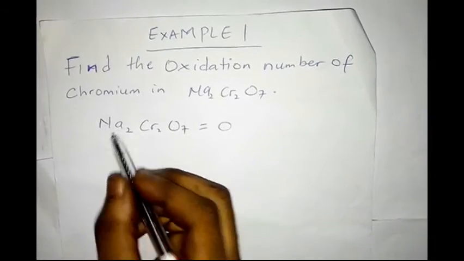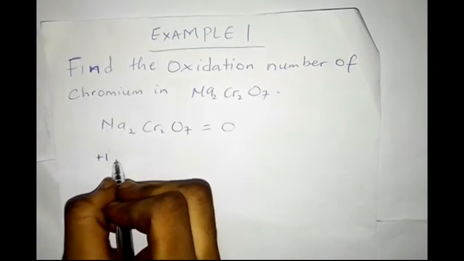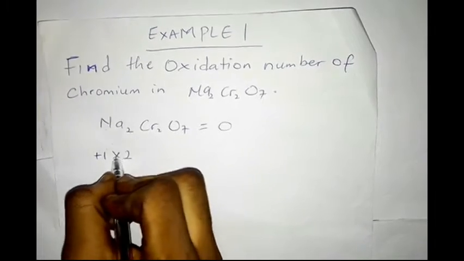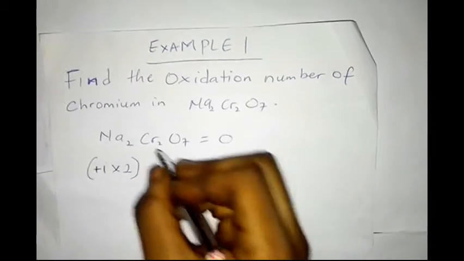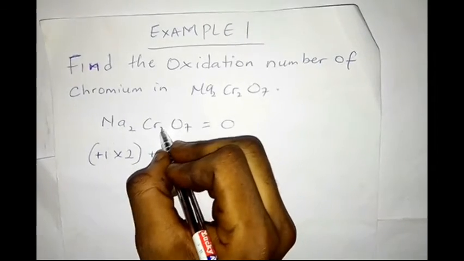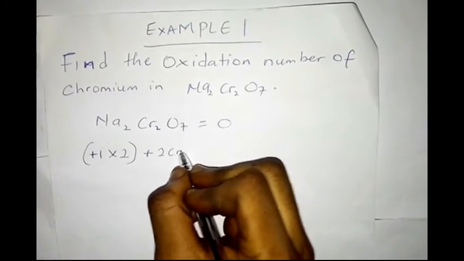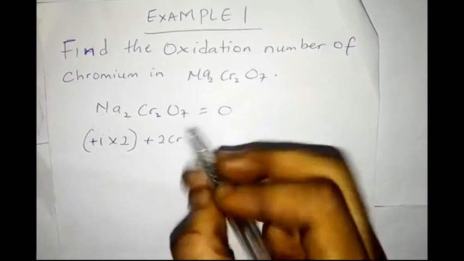So, the oxidation number of sodium will be +1. Then we have 2 atoms of sodium, multiplied by 2, put it in bracket. We are looking for the oxidation number of chromium, but we have 2 atoms of chromium, so we are going to make that 2Cr, then plus.